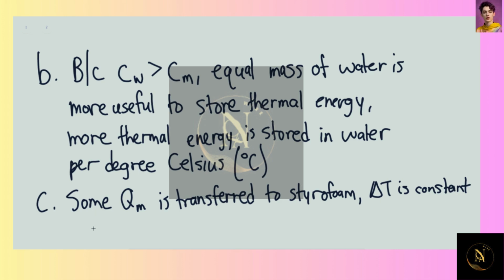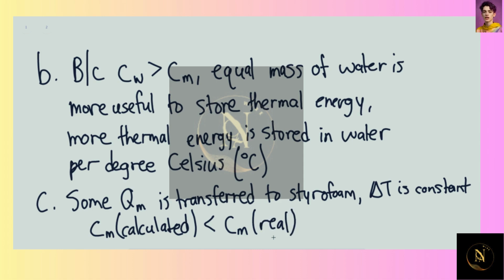So essentially, this means that the specific heat of the metal calculated in part A is going to be less than the real specific heat of the metal. Because the styrofoam absorbs some of that energy, but the temperature change is the same amount because it's recorded, it's empirical data.